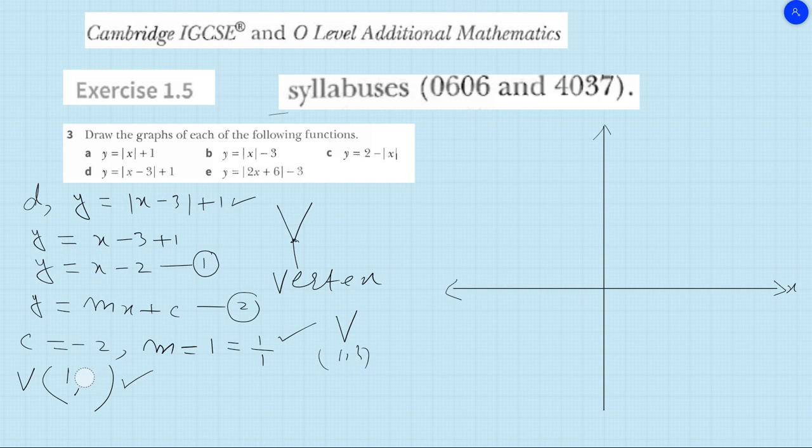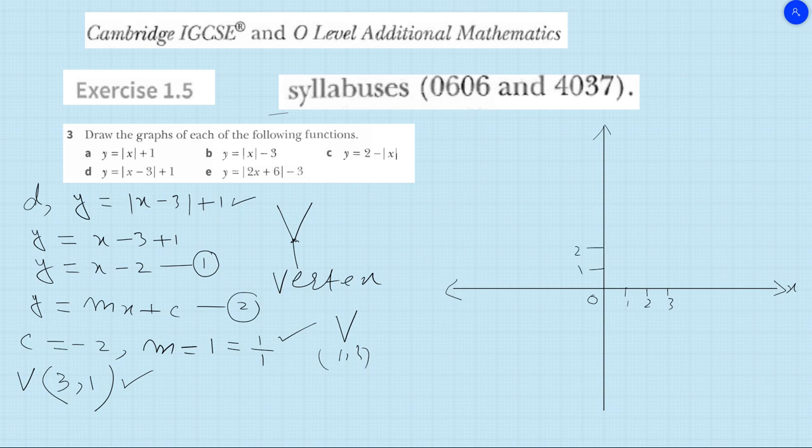Our vertex is not 1, 3, our vertex is 3, 1. This is my mistake. That's why our answer is not correct. Okay, no problem. This is 1, this is 2, this is 3, this is 1, this is 2.